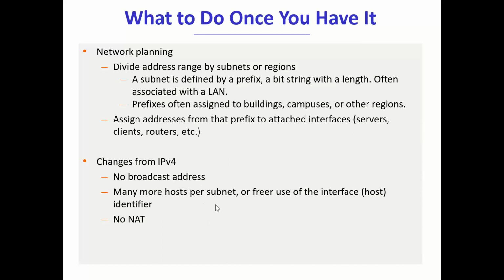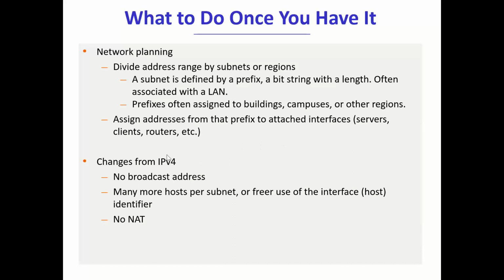And you've got many more hosts per subnet. The reason I bring that up is that if you just convert your IPv4 plan to your IPv6 plan, you're bringing forward some IPv4 limitation.